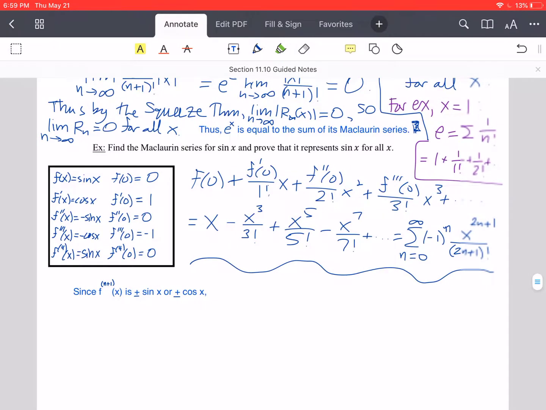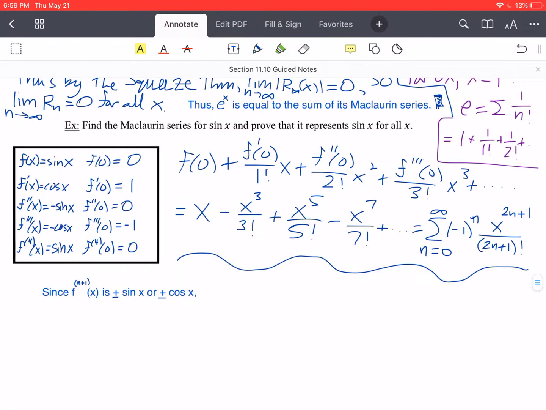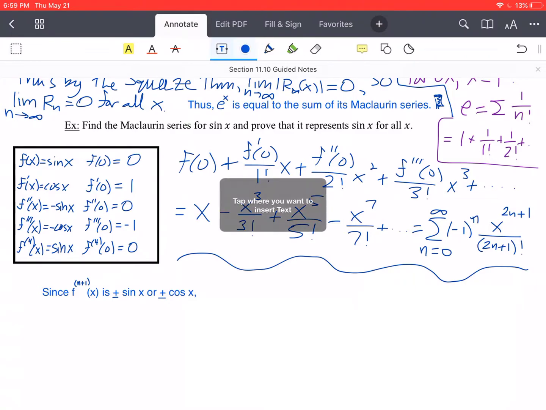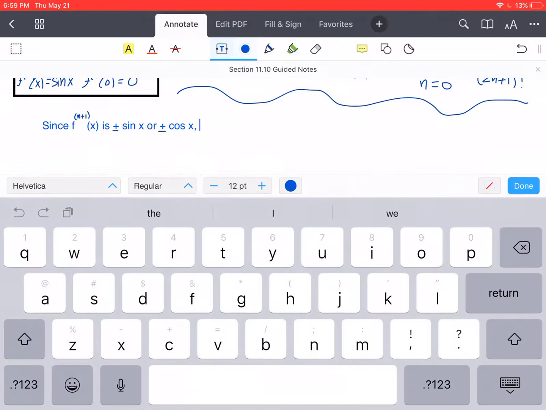Every derivative that we have here is either going to be a sine, a cosine, or a negative sine or a negative cosine. So since every derivative here is going to be either a sine or a cosine, we know that the absolute value of that is going to be less than or equal to 1 for all x.